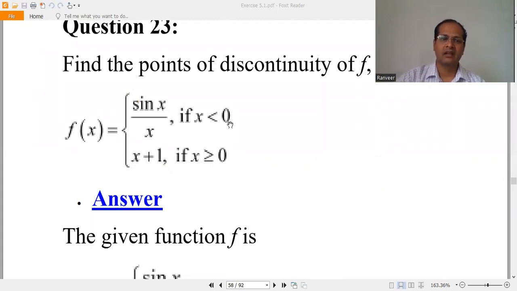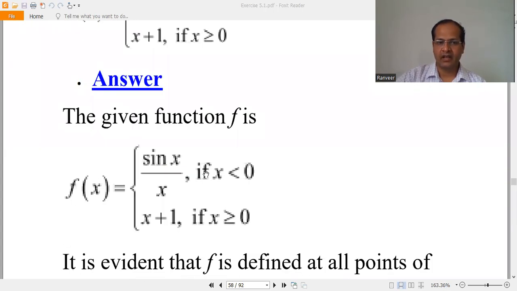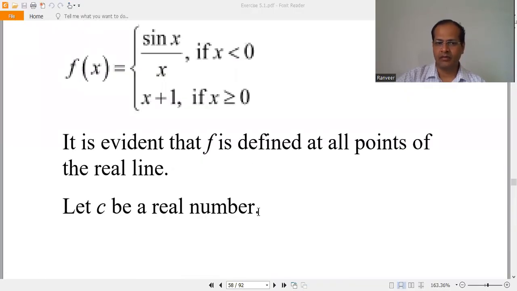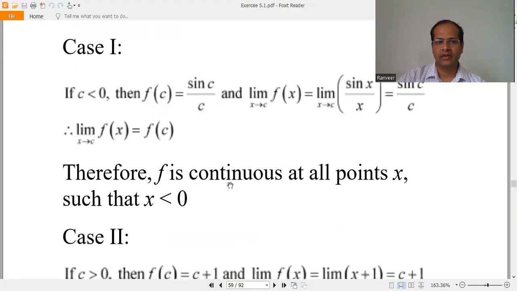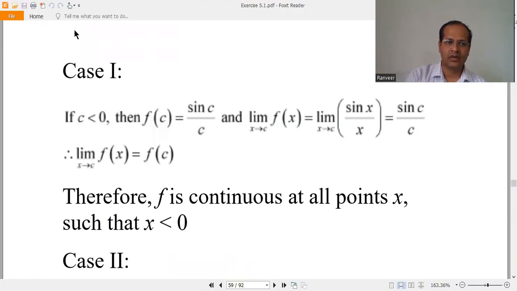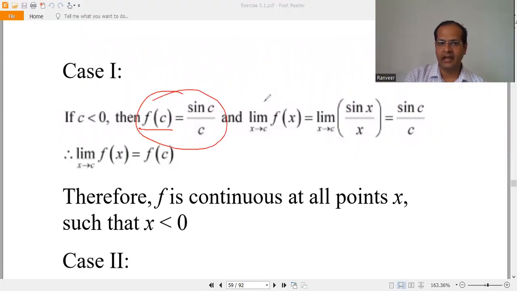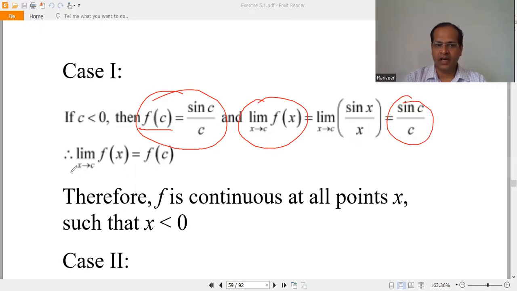Now we have to check other points. Suppose we take any real number c. In that case, if c is less than 0, we can directly write f(c) as sin c by c, and the limit of f(x) as x tends to c is sin c by c. So for x less than 0 the function is continuous.